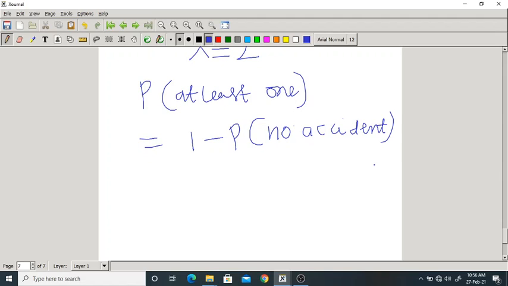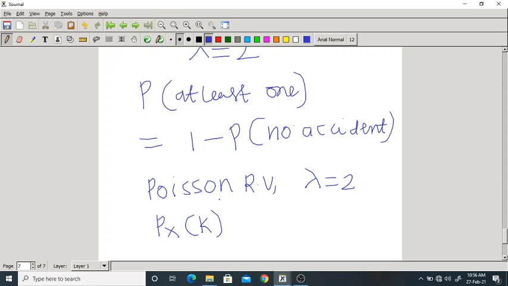Okay. Now, so this is the Poisson random variable with lambda given as 2. So what are they asking? Px of k. So what is k they are saying? At least 1.